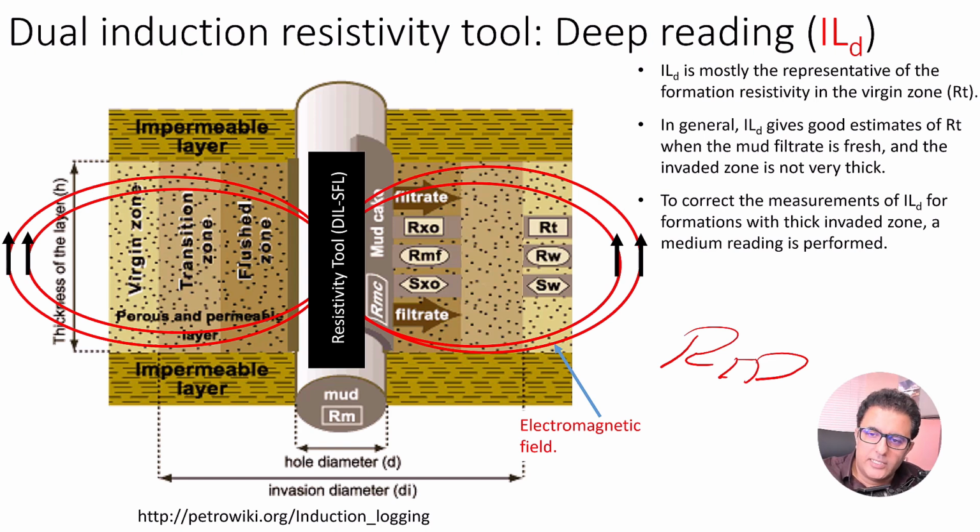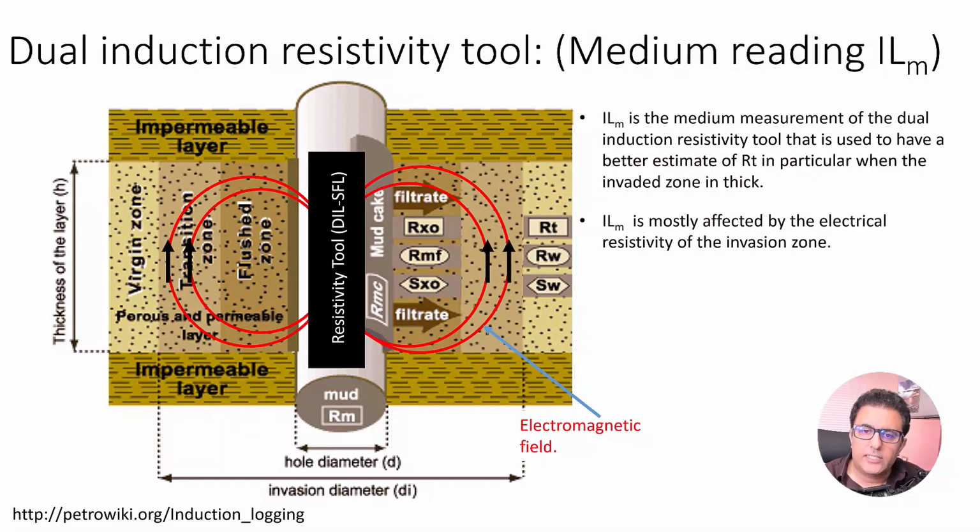So this deep reading is also affected by the resistivities of, in particular, transition zone. So in order to have a more accurate estimate of the resistivity in the virgin zone, we also have to have a medium reading that we indicated by RIM, resistivity of induction medium.